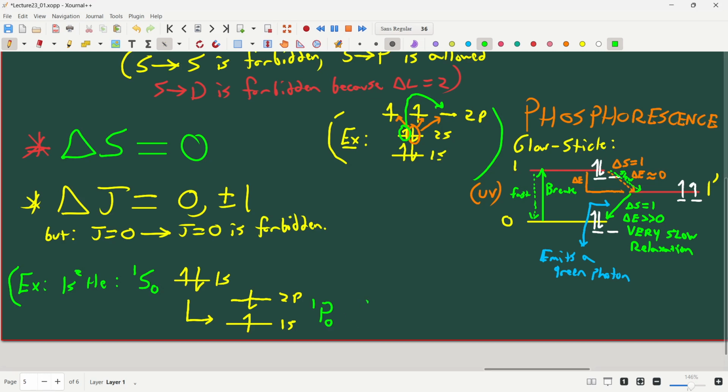And this is forbidden. This is the Lyman transition in hydrogen. You don't get it in helium because it's forbidden, because J isn't changing. So there are some funky intricacies here that don't work.